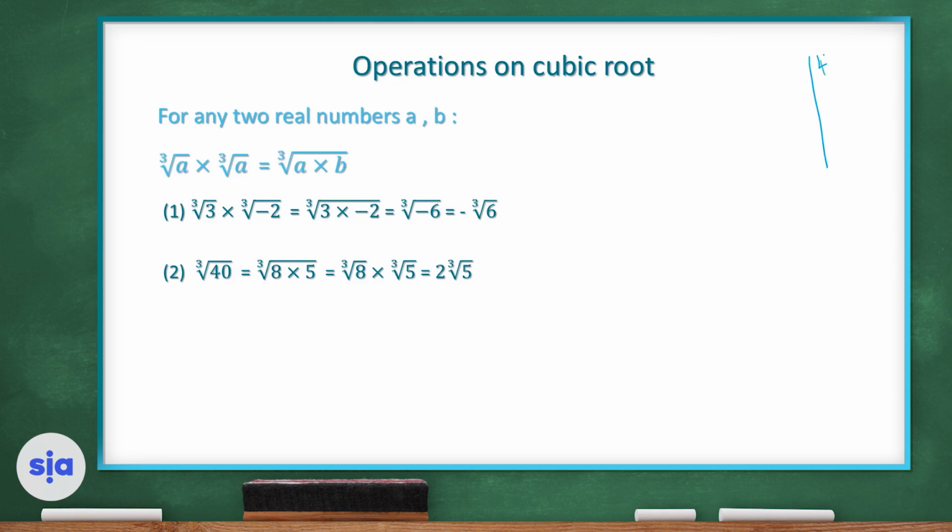So 40 divided by 2 is 20, divided by 2 is 10, divided by 2 is 5, divided by 5 is 1. Then you have here the 2 repeated 3 times. Any number repeated 3 times goes outside the radical and is written only once. So as you can see here, the cubic root of 40 can be written as 2 cubic root of 5.